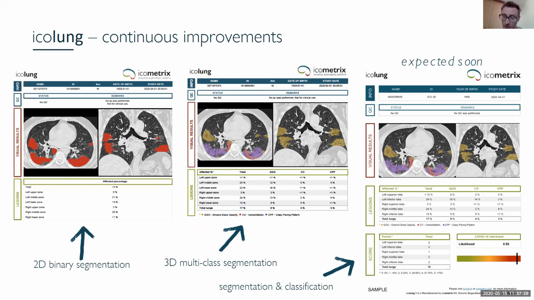And then on the right, you can see completely on the bottom right, there is a bar that shows the COVID probability. But this is also something that the team is working on, to also classify the image, giving a probability on whether the patient is a COVID patient or not.